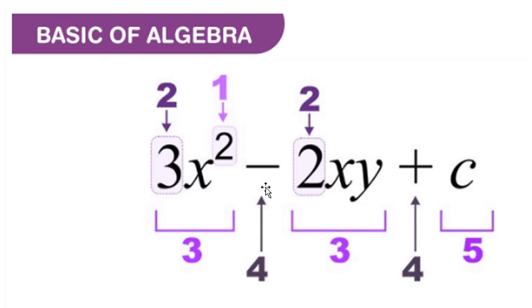Because it's separated by a minus or a plus sign. You can see still number 2, a coefficient. This is a term. Number 3, a sign, positive sign. This is another term. Number 5 is more of a variable, variable c. If it was a constant, it would be a certain number.